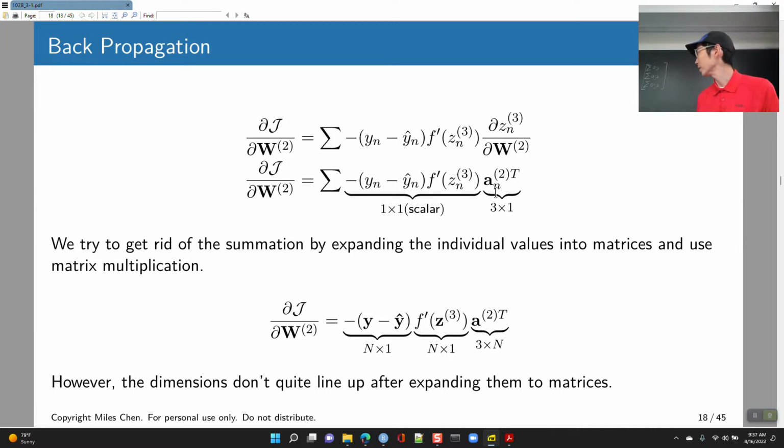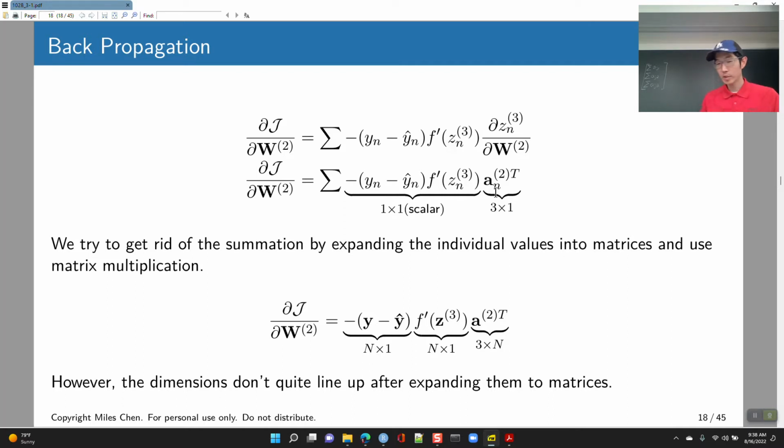I'm also multiplying this by a scalar, y_n minus y hat_n, a 1 by 1 scalar, and then f prime of z_n3, also a 1 by 1. I can multiply these by these scalar values, no problem: multiply this by a scalar, this by a scalar, and then we get the sum of all of those things.